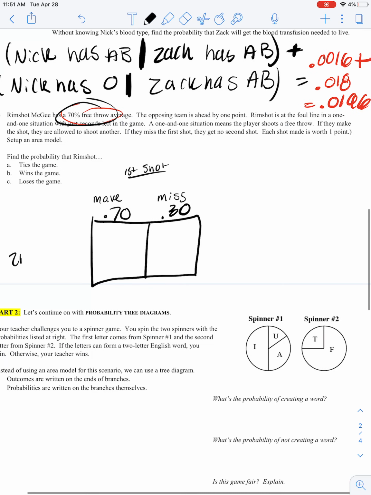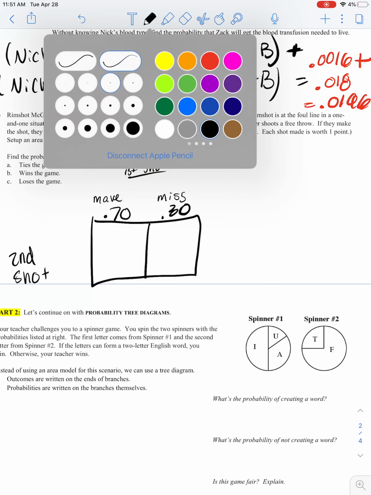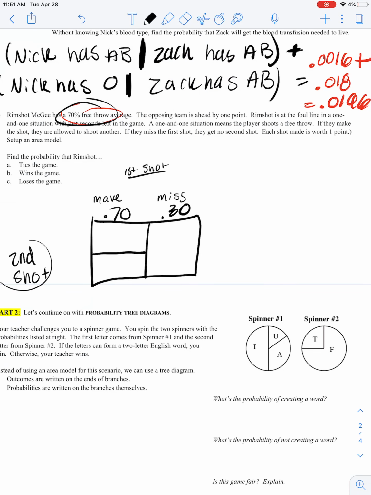Now let's come to the second shot. Say he misses the first shot, then he's done. So if he misses, we just leave this blank because after that he's done. But say he makes the first shot, then he gets a second shot. So we're going to come over here for the second shot. We're going to break this into two. For the second shot, he can either make or miss it as well. So his make average is 70% and his miss average is 30%.